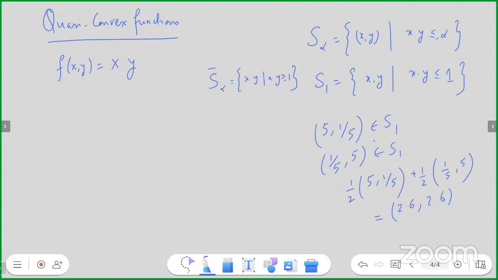Was x by y convex? Did you prove convexity of x divided by y for y greater than 0? X by y. One by x is convex, but was x by y convex?